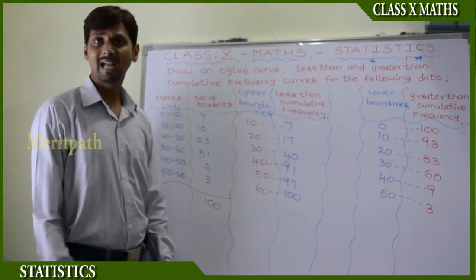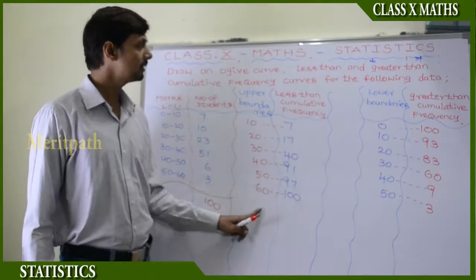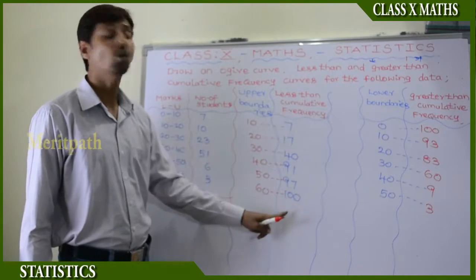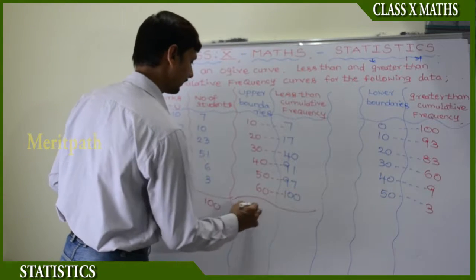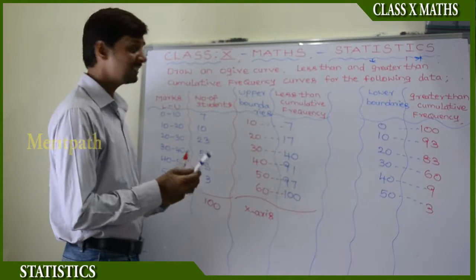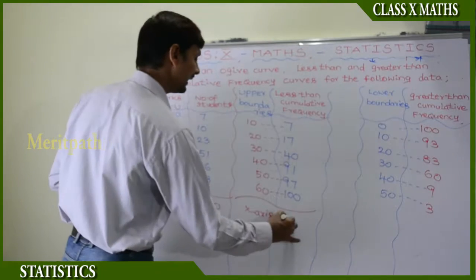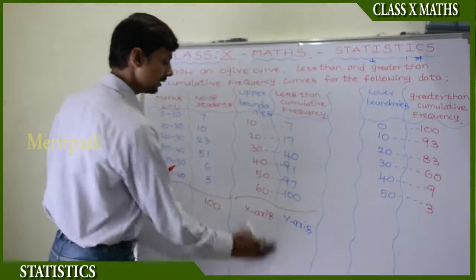We know, as discussed earlier, we will take the upper boundaries on the x-axis and the less than cumulative frequencies on the y-axis. Then we'll get a coordinate.